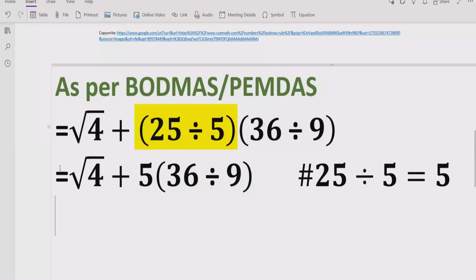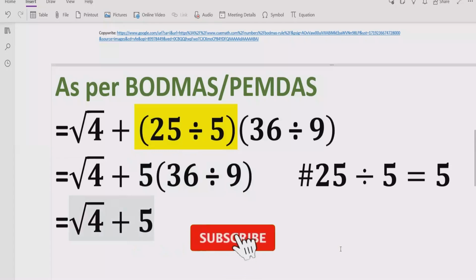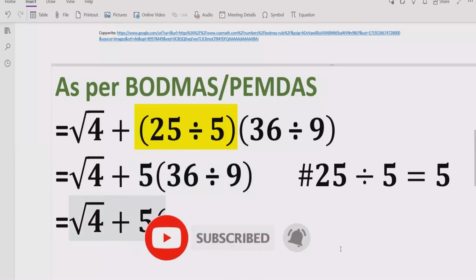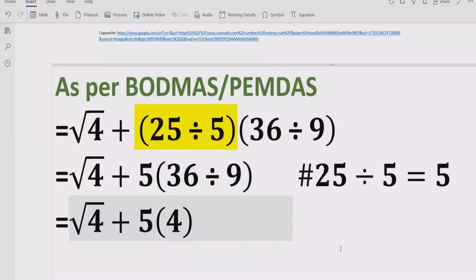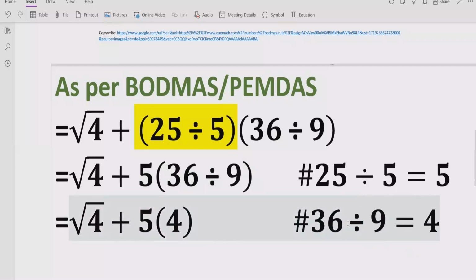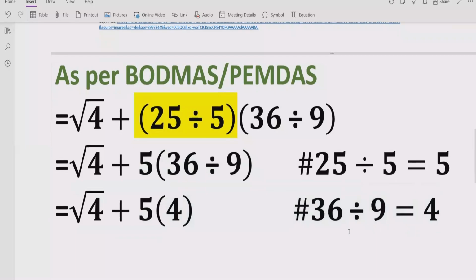Now let's move forward to solve the other bracket, which is 36 divided by 9. Here we will solve 36 divided by 9 equals 4, and give the reference here: 36 divided by 9 equals 4, because 9 times 4 is 36.